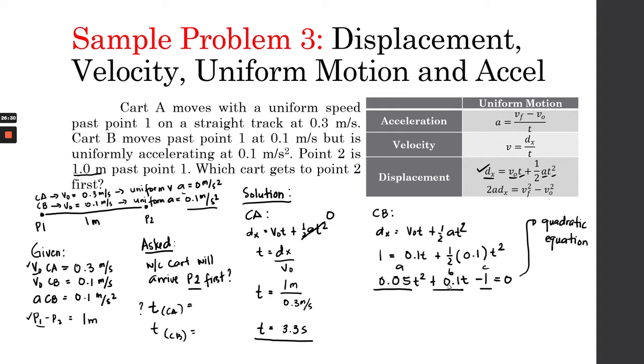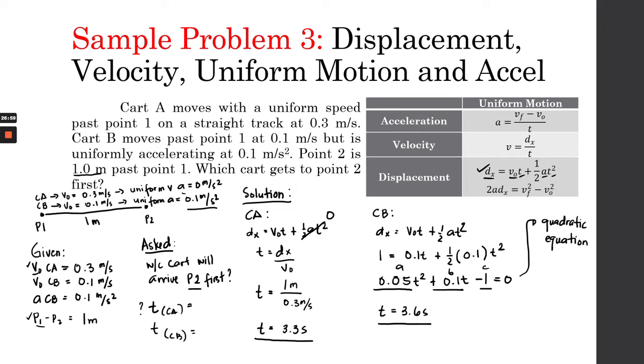You'll be able to get two t's, one that is negative and one that is positive. Let's take the positive, and t is actually equal to 3.6 seconds. So it took cart B to arrive from point 1 to point 2, 3.6 seconds.